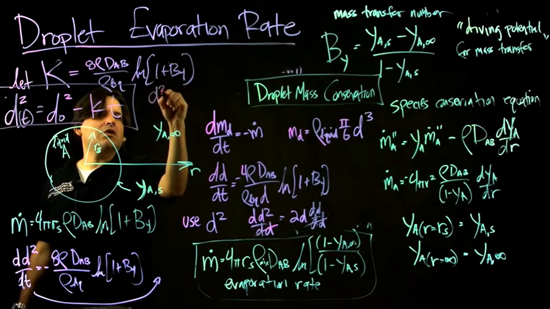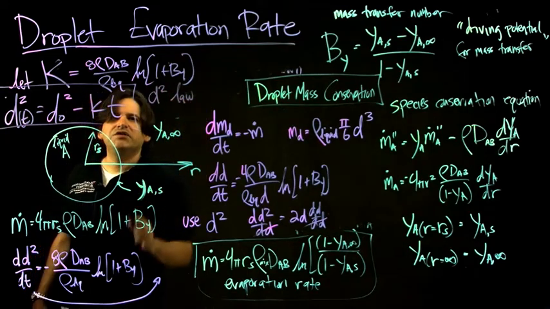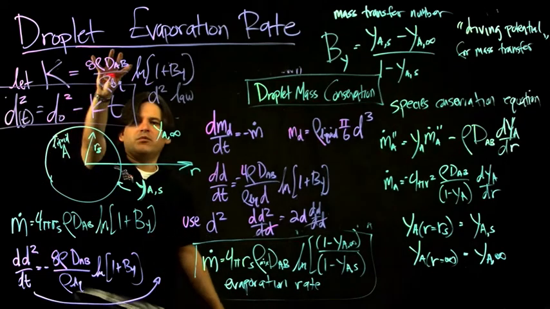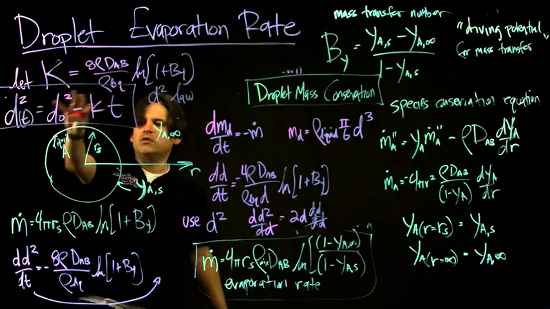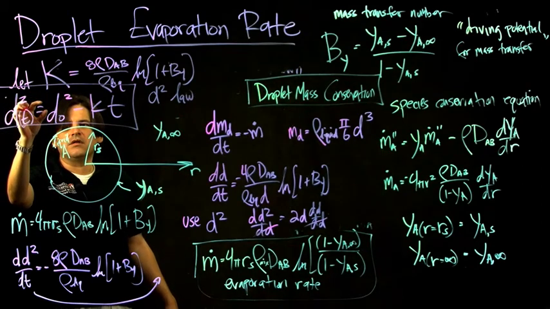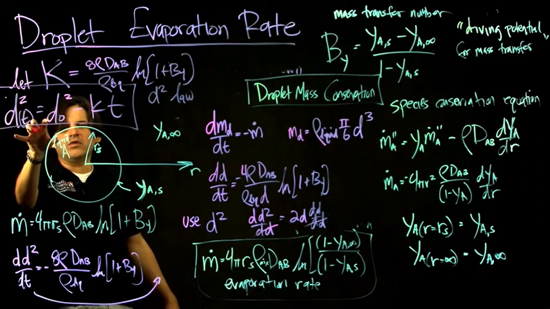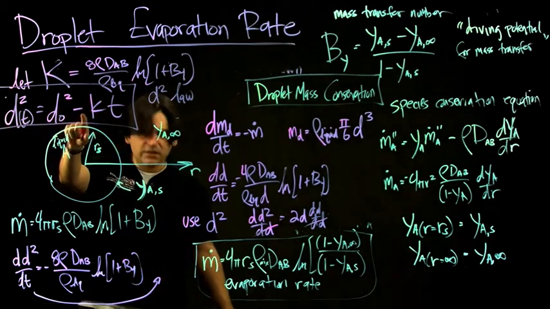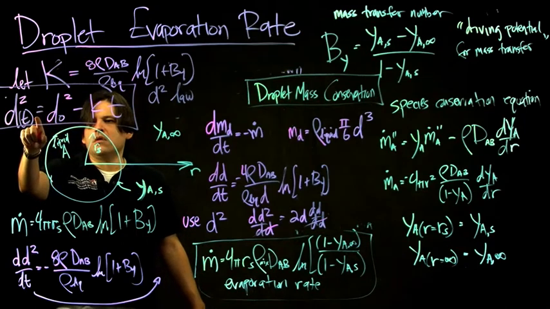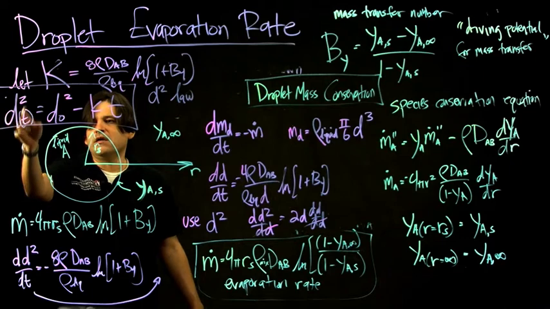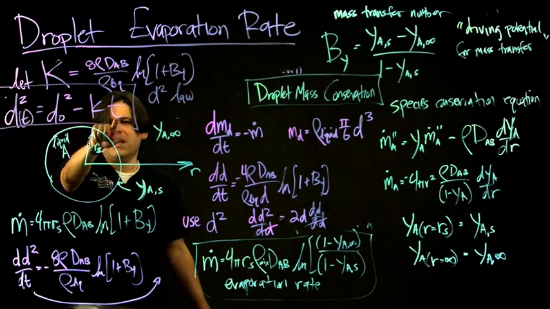So this is the so-called d squared law of evaporation, which is that for some given transport properties of your liquid, you can estimate the decrease in the diameter with this d squared law. One thing that you're solving for is asking the question, when does d equal 0? When is all of the liquid gone? That is d equals 0, and you can get a time at which d equals 0.